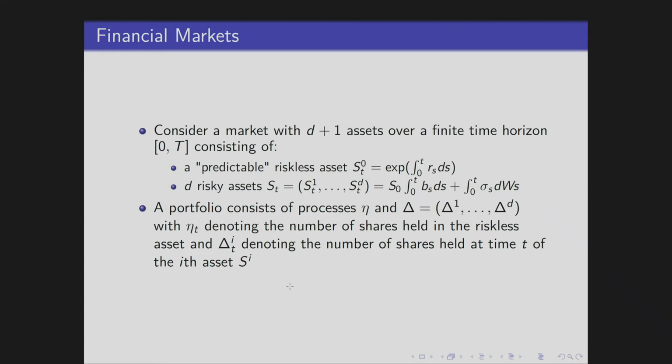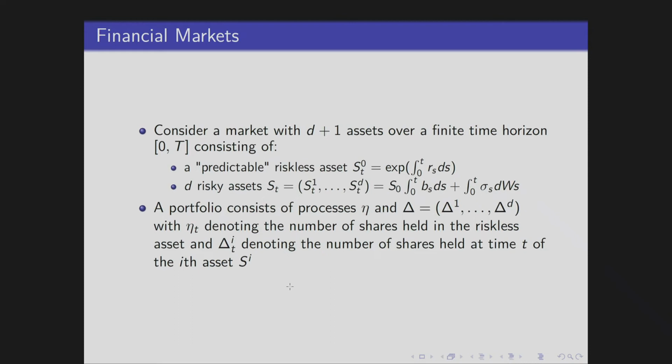And then obviously if there's a financial market, you want to invest in it. So what is a portfolio? A portfolio will consist of one process eta, which denotes how much money you have in the riskless asset, or how much currency you have right now, and delta, which denotes the number of shares you have in the risky assets.